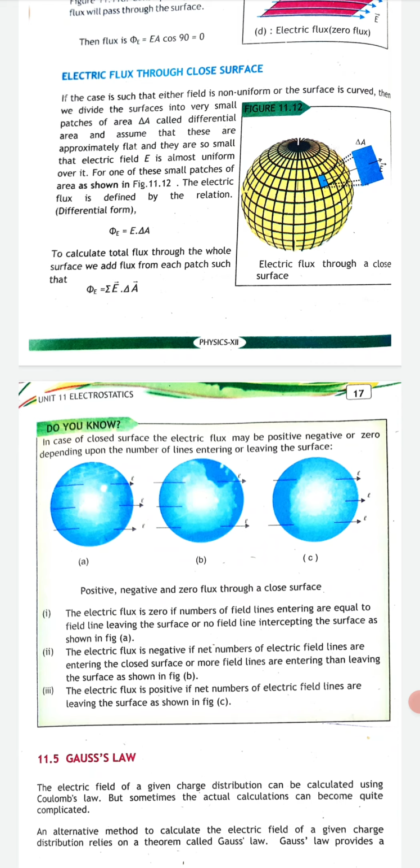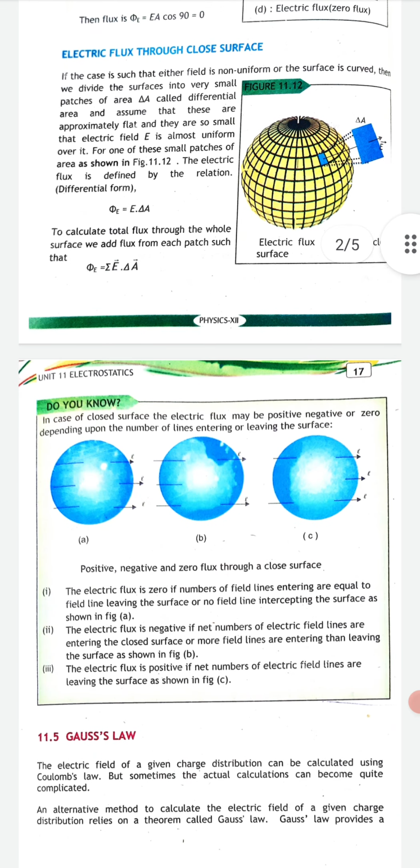The electric field across each segment over the closed surface must be uniform, because each segment of this closed surface is at equal distance from the center, where the source point charge is located. Therefore, the distance between the point charge at the center and the surface of this closed surface is constant.